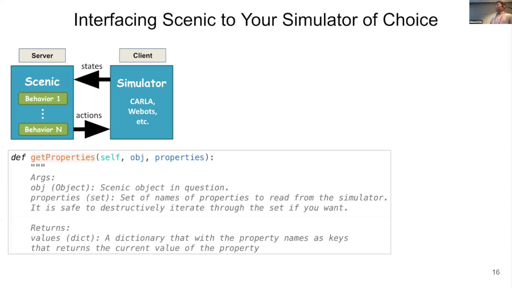And then the next part is, how do you update from the SCENIC side its understanding of the world state at each time step? So this is the function that you need to update, which is get properties. This is the part where you use, again, your simulator's API to get the world state information, such as the positions, orientation, speed, and so on of each object in the SCENIC program in your simulator.